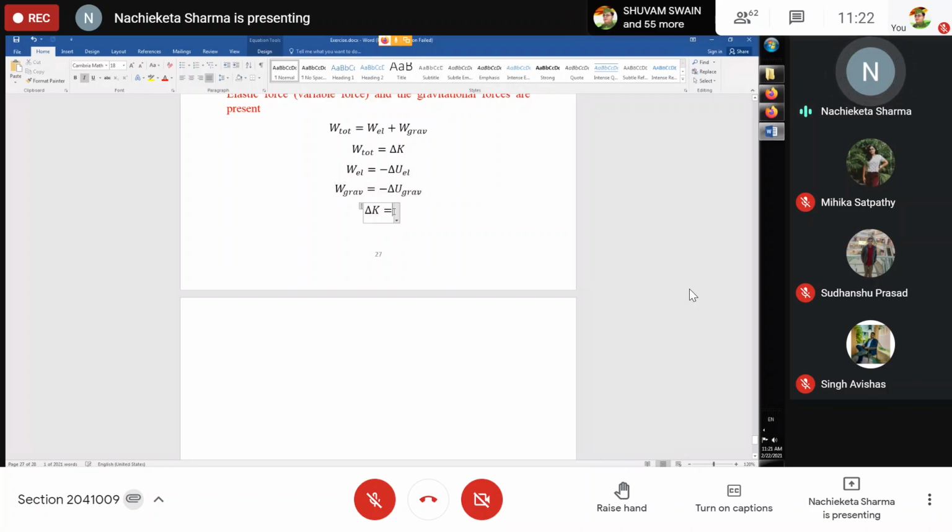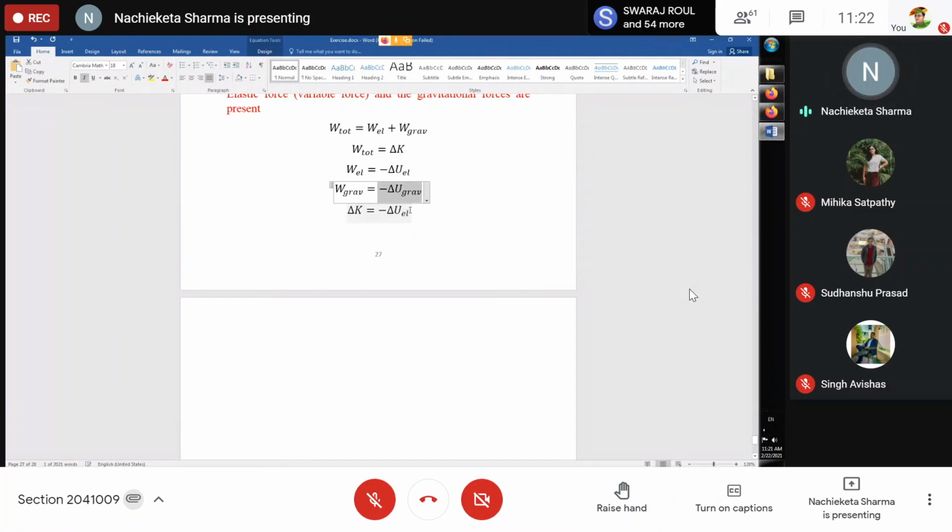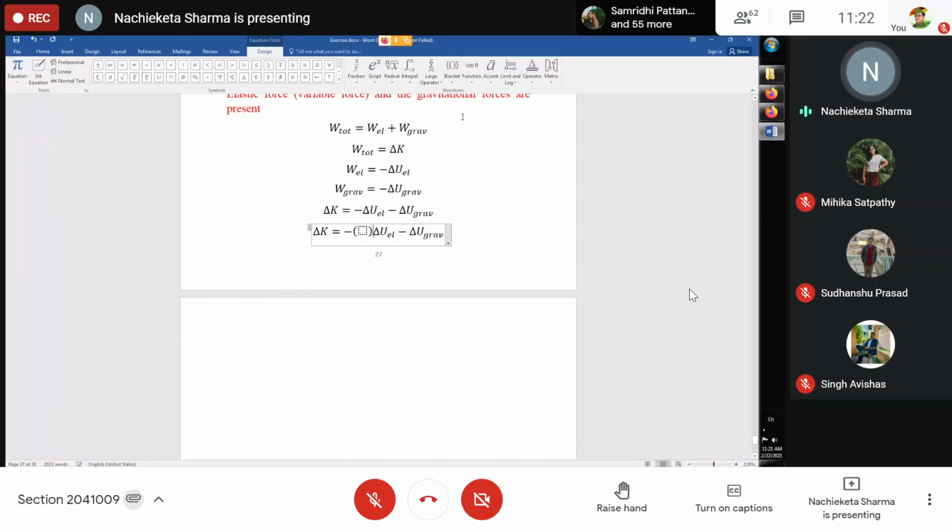So very beautifully you can find out a lot of things. Then delta U grav, isn't it? Then a little amount of algebra that we have to do. What is this algebra? Just a little amount of reshuffling. I will take this minus common, so I will put a bracket. And then I will bring these quantities inside the bracket, and this minus will become plus.